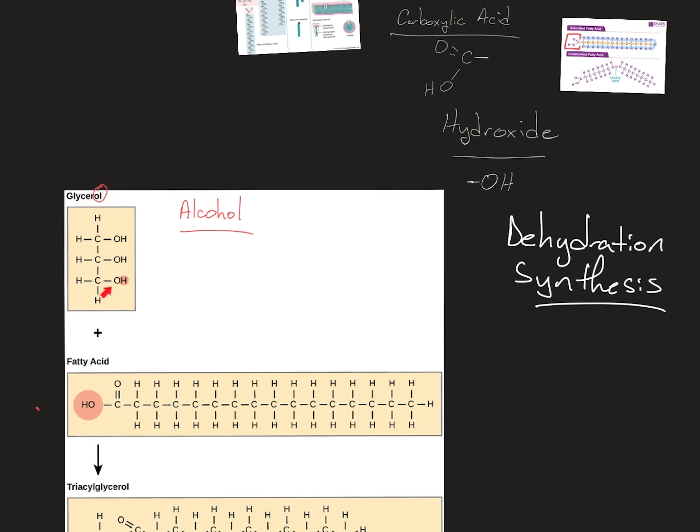There's a hydroxide group over here on alcohol. What do you think is going to happen between this OH and this H in dehydration synthesis? Yeah. You're going to take out 1 O and 2 hydrogen. That's right. This whole group is going to leave with this hydrogen, and that's going to form water. This OH and this H are going to leave, and that's going to form H2O.